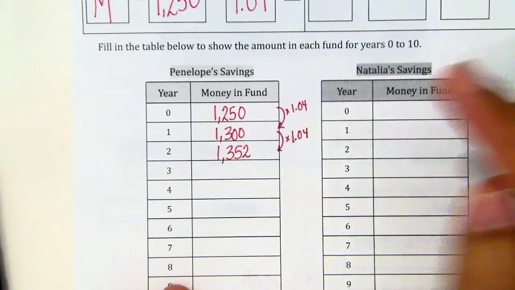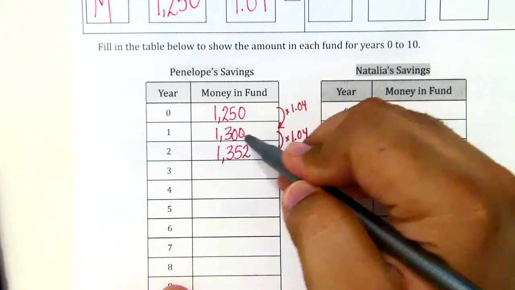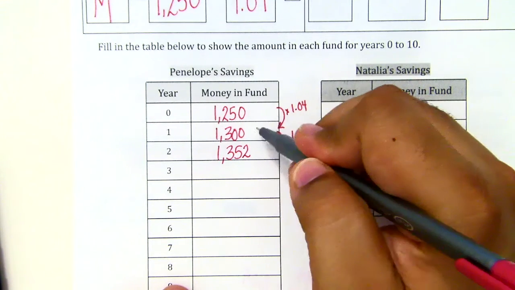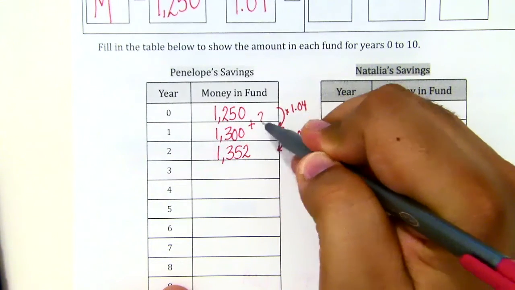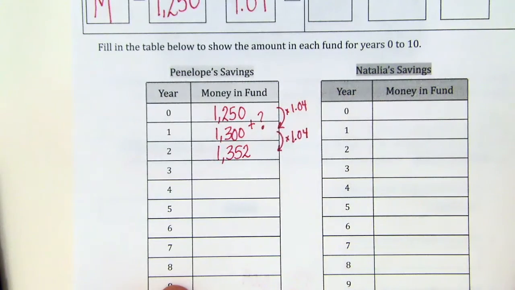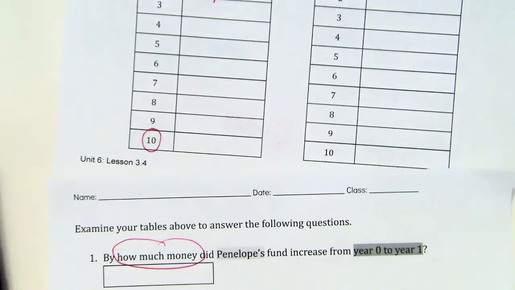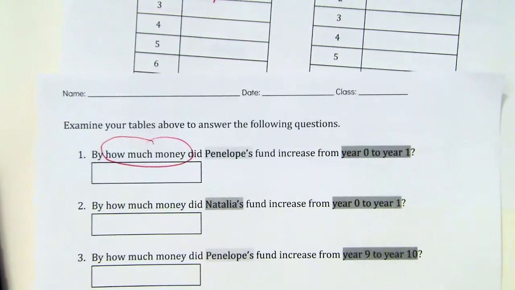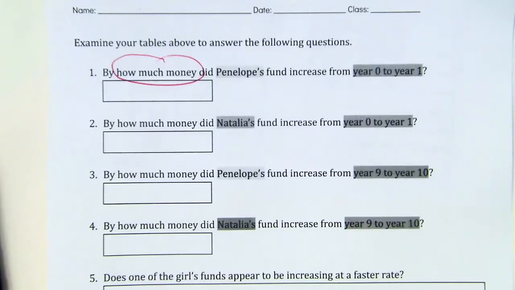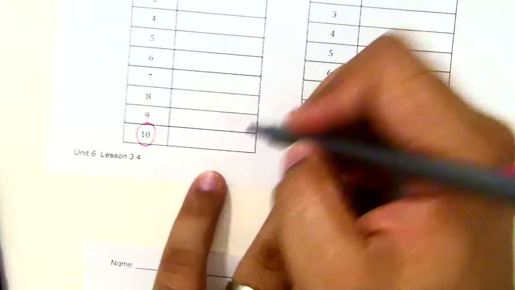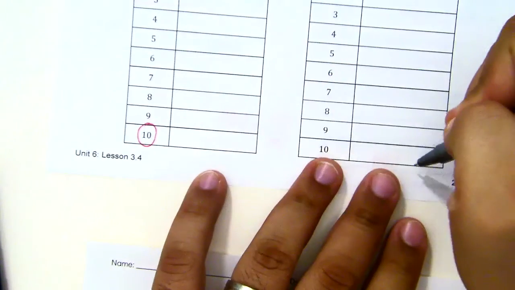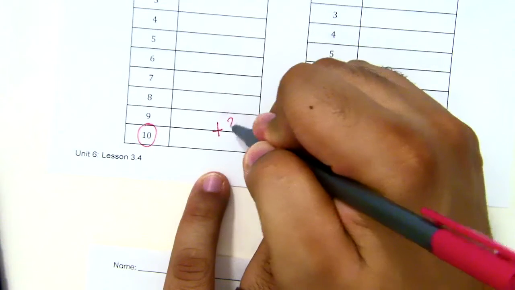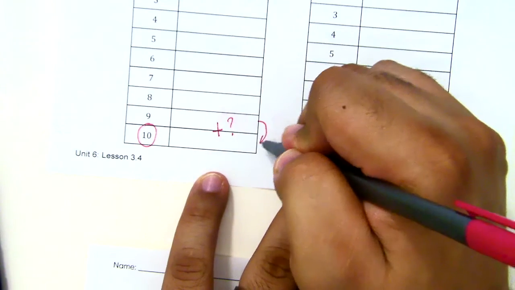So from $1,250 to $1,300, what is the increase? How much did we add? Same thing for Natalia. From year 0 to year 1, how much did it increase by? Then for Penelope and Natalia, looking at the last 2 years, from year 9 to year 10, again, how much did we increase by from this year to this year?